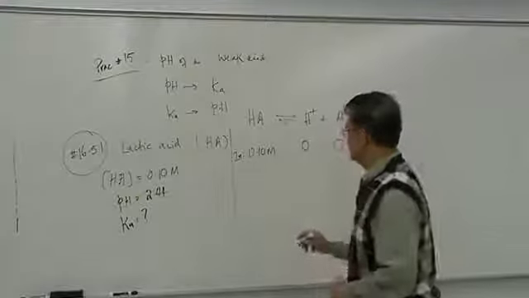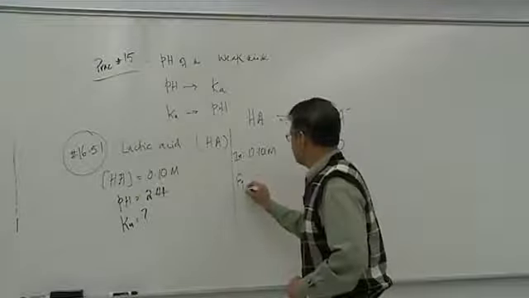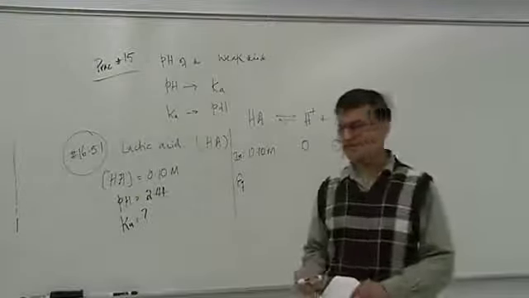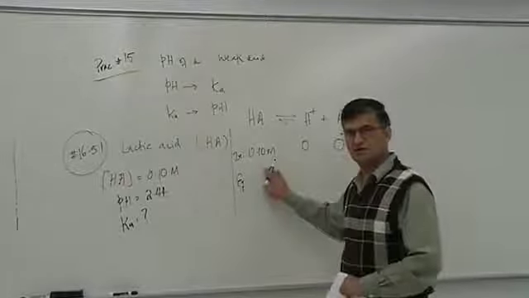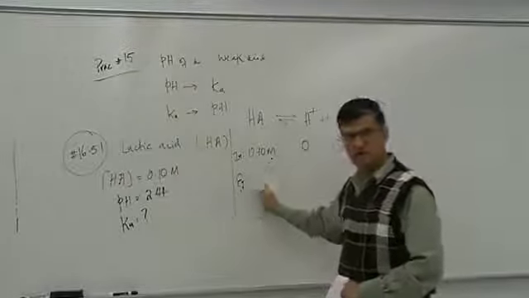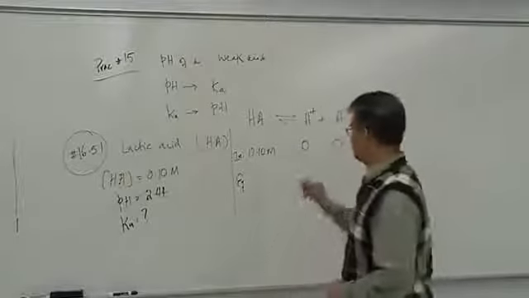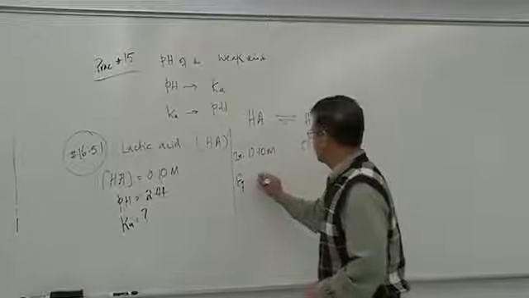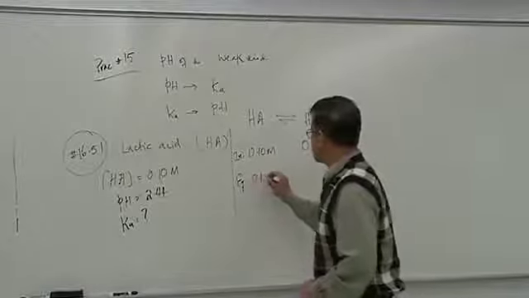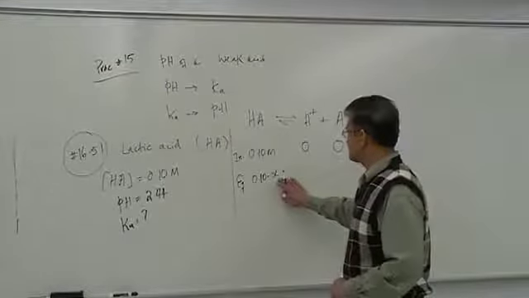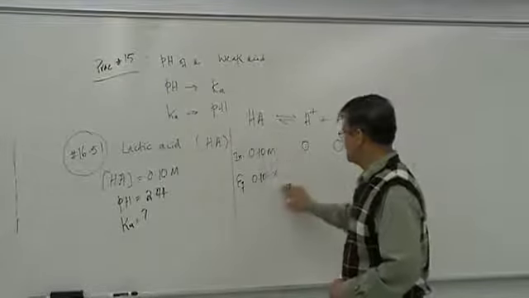So it's 0 and 0. At equilibrium, since this is a weak acid, 100% of HA would not break down. Let's assume that only X is the amount that breaks down. So left over would be 0.10 minus X. That's the equilibrium concentration after X amount of HA breaks down.